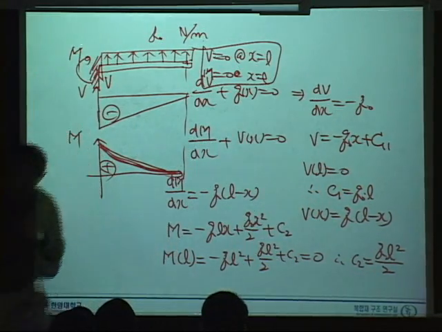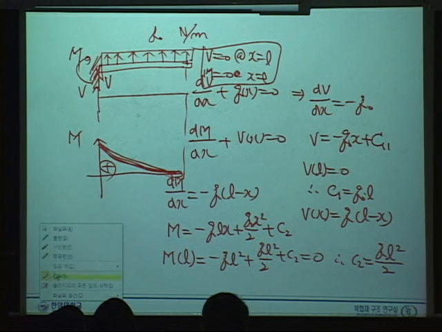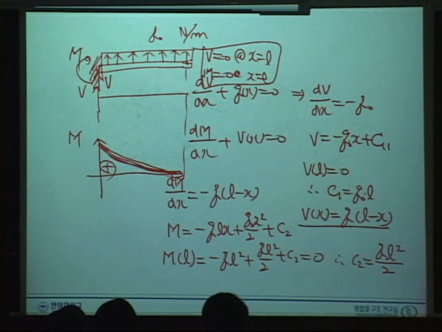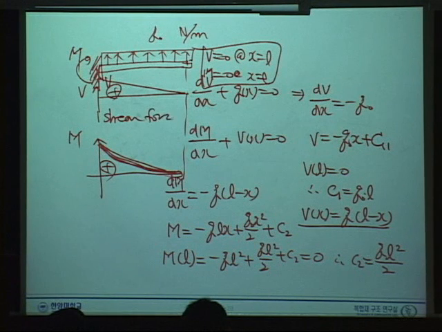At x equals 0, V equals Q0 times L, and it should decrease linearly like that, right? This is the shear force diagram. And this is the bending moment diagram.